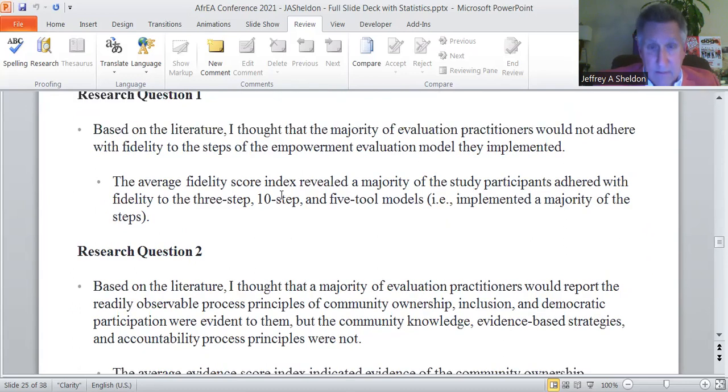What I thought would happen, I thought that they wouldn't adhere with fidelity to the models that they chose. However, based on my measure of fidelity, they adhered with fidelity to all 3 models.